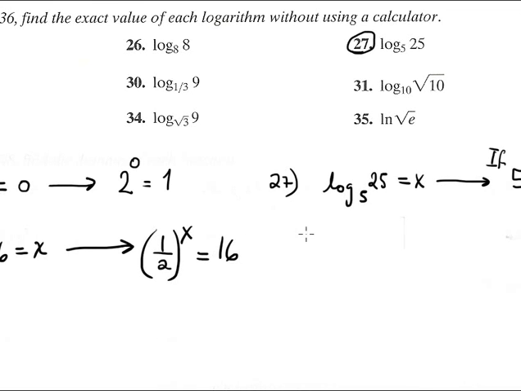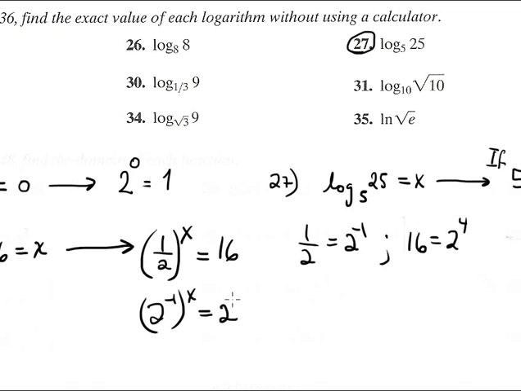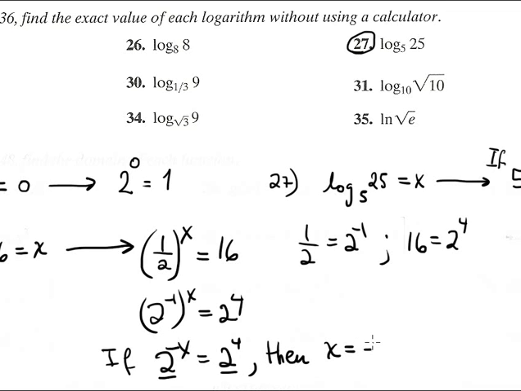I know that 1/2 is 2 to the negative 1, and I know also that 16 is 2 to the 4 power. So this is 2 to the negative 1 raised to the x power equal to 2 to the 4 power. Now multiplying, 2 to the negative x is equal to 2 to the 4 power. If two exponentials are equal and the base is the same, then the exponents are the same. Therefore, negative x equals 4, and you divide by negative 1 both sides, and the final answer is x equal negative 4.